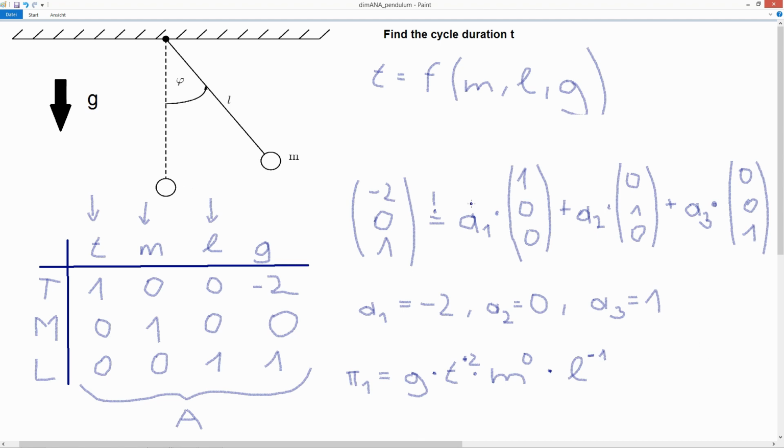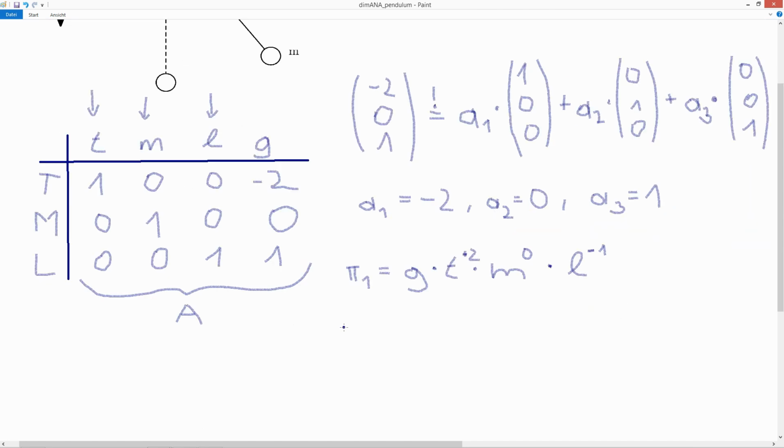Let's check the dimension of the pi factor pi1.